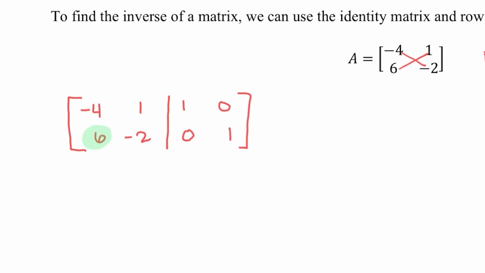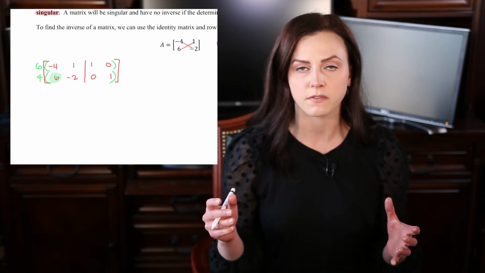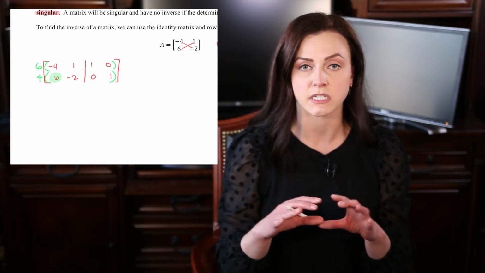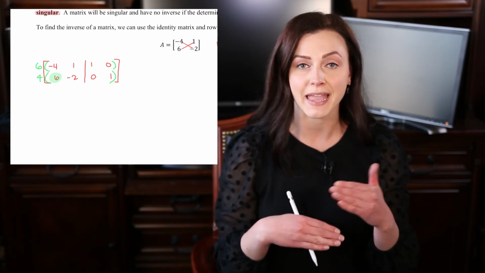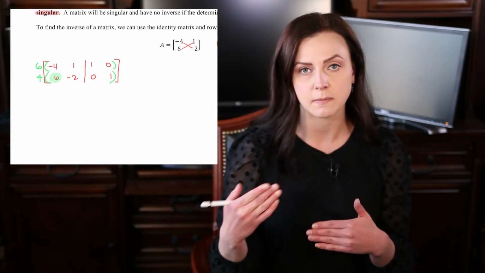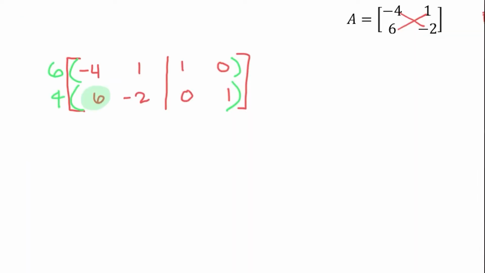So what if I multiplied this whole row by 4 and this whole row by 6 and added them together? This is the same thing you would do if you were solving this using elimination with just equations, right? We multiply the two equations by something so that when we add them together, a variable cancels out. And it's the same idea when you're doing the row operations.